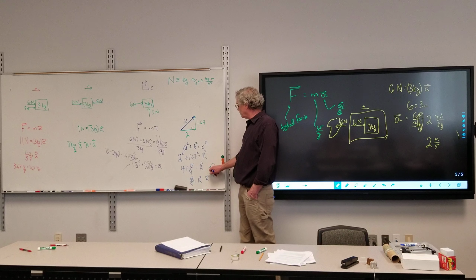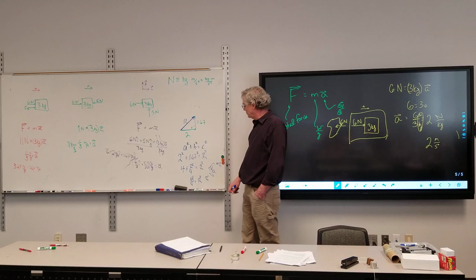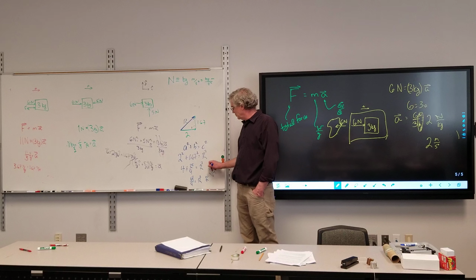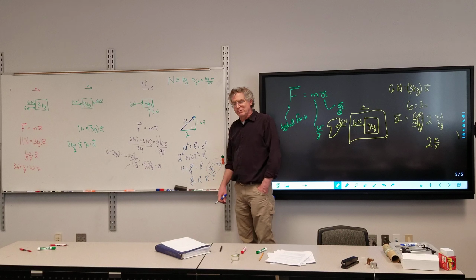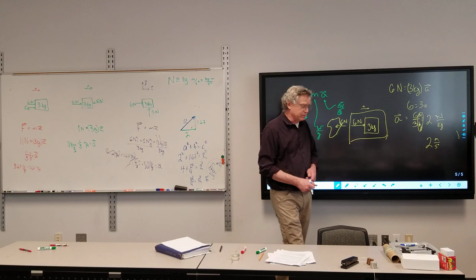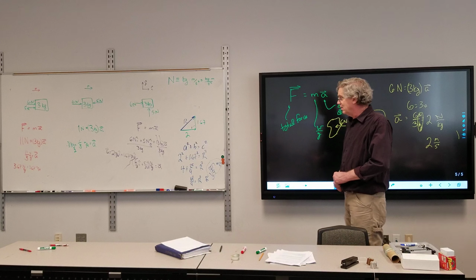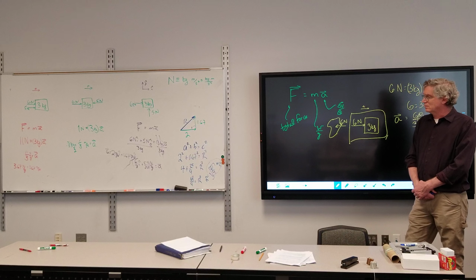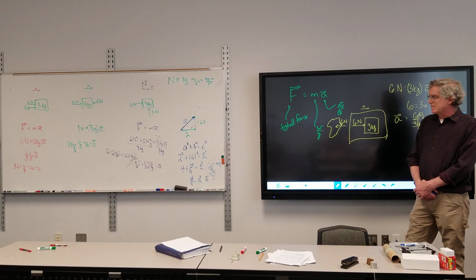R is the square root of 61 ninths meters per second squared. If you have a calculator, it'll probably be easier. 25 ninths plus 36 ninths, yeah, 61.